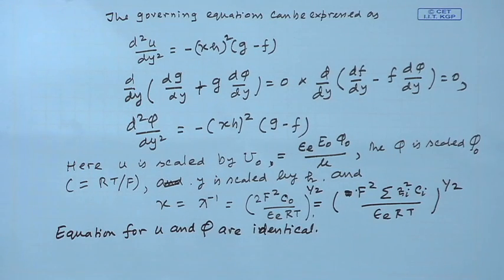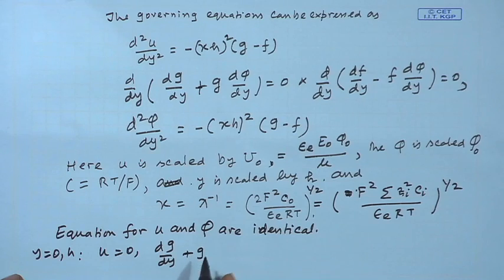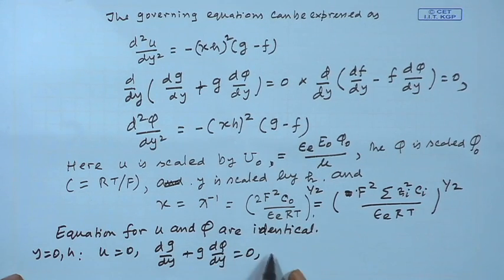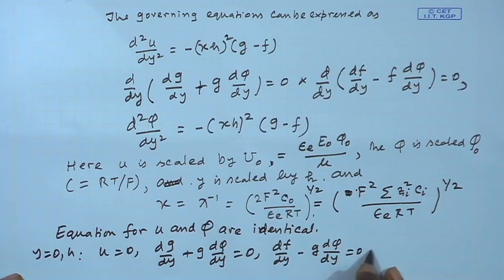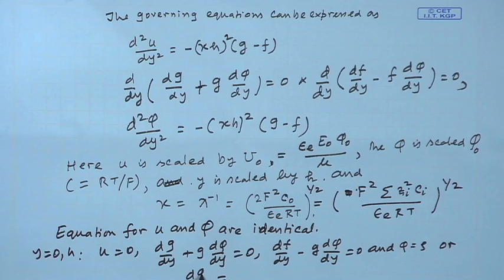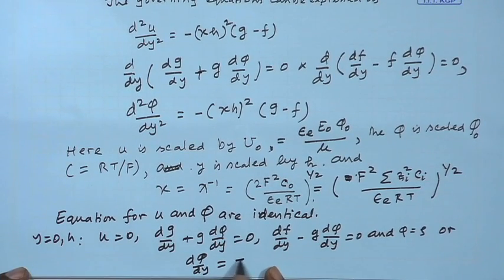So, these equations for u and phi are identical, and also we can write the boundary conditions as, at y equal to 0 and h, u equal to 0, dg/dy plus g dphi/dy equal to 0, df/dy minus f dphi/dy equal to 0, and the conditions for phi, so phi equal to zeta, or you may have dphi/dy equal to minus sigma_s by epsilon_e.